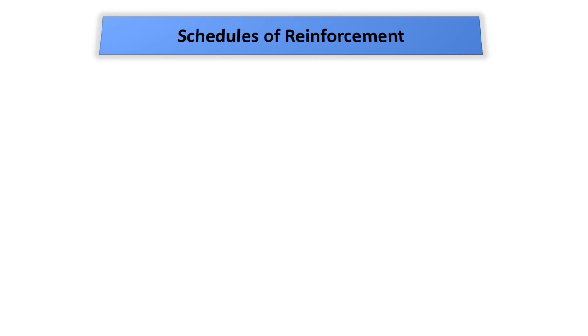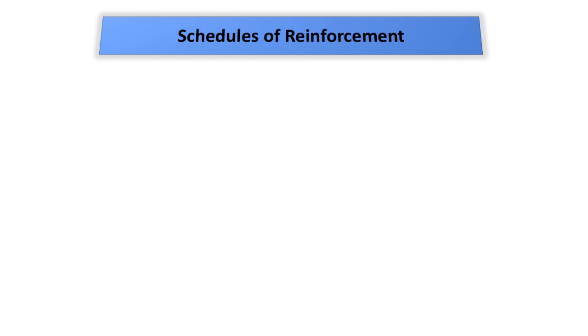These schedules of reinforcement are the precise rules that are used to present or remove the reinforcers, or at times the punishers, following a specific operant behavior exerted by the individual. These rules are defined in terms of time or sometimes number of responses. We'll be discussing that in a while.